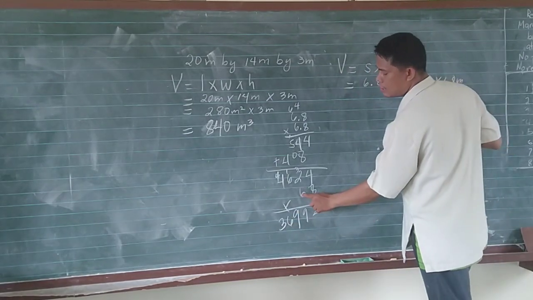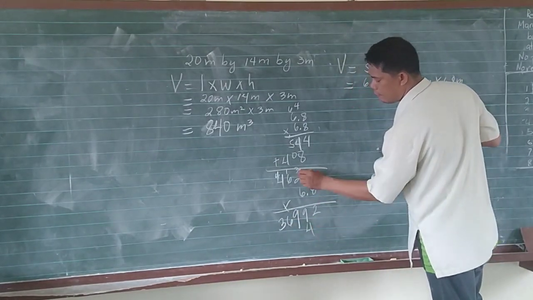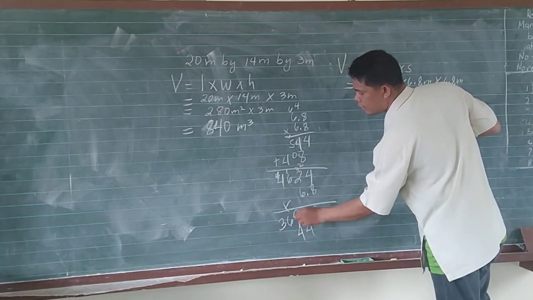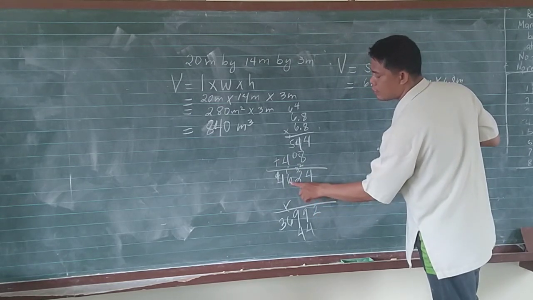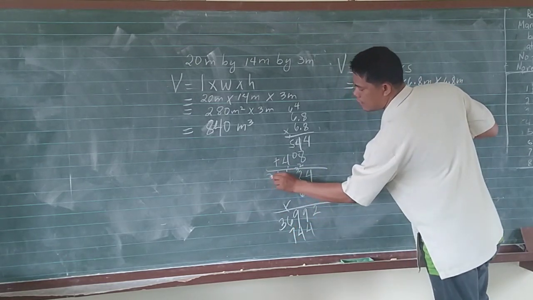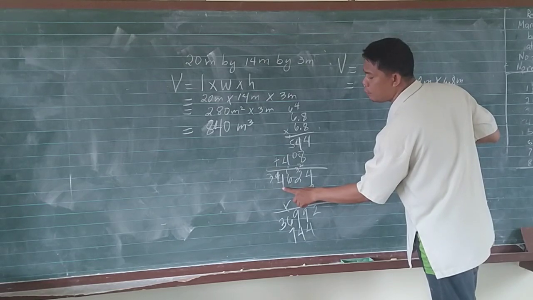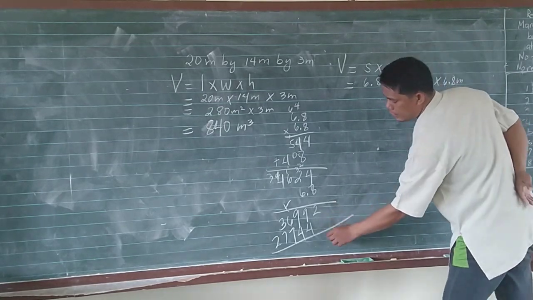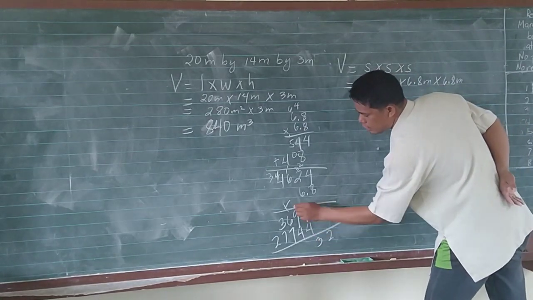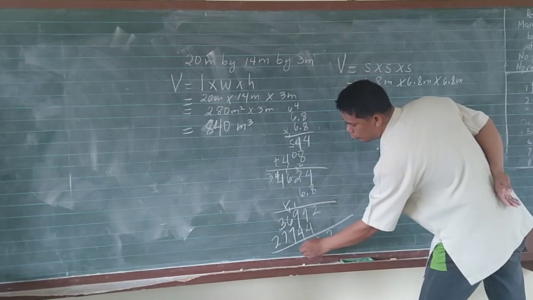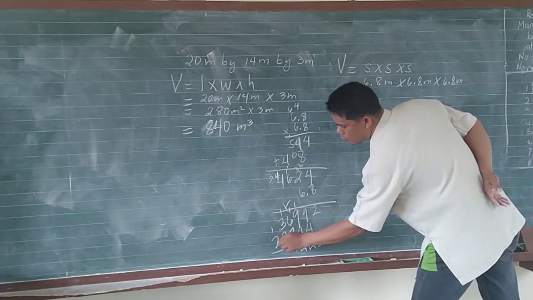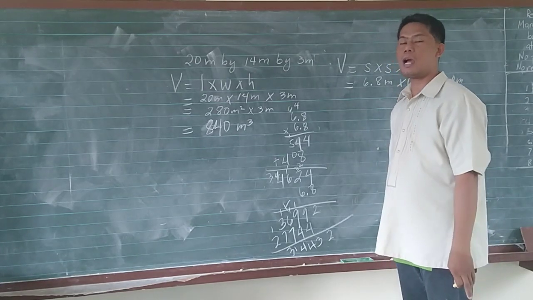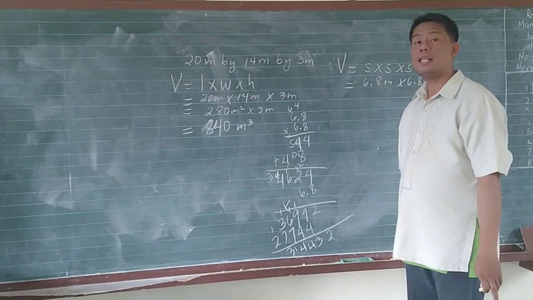Then multiply. 6 times 4 equals 24, carry up 2. 6 times 2 equals 12 plus 3 equals 14, carry up 1. 6 times 6 equals 36 plus 1, 37, carry up 3. 6 times 4 equals 24 plus 3 equals 27. Then let's sum up. So bring down 2, 13, carry 1, 14, carry 1, 14, carry 1, 11, carry 1, 3. Then count the number of decimal places since we multiply decimal numbers.